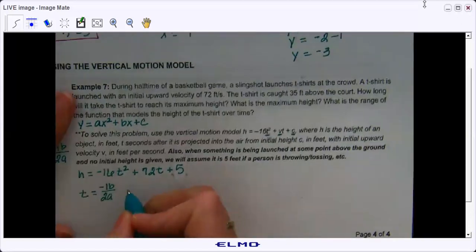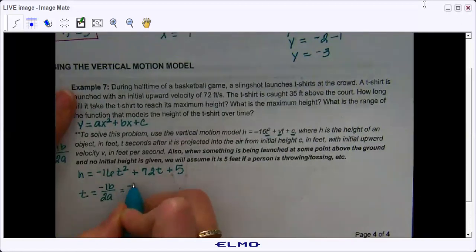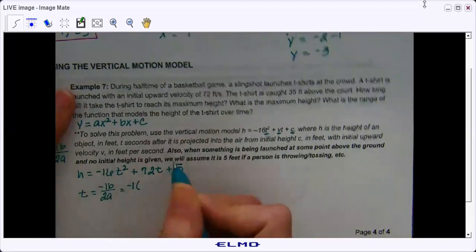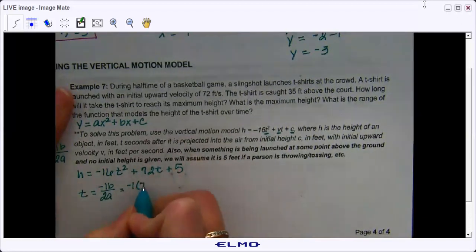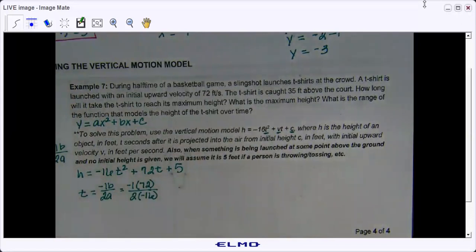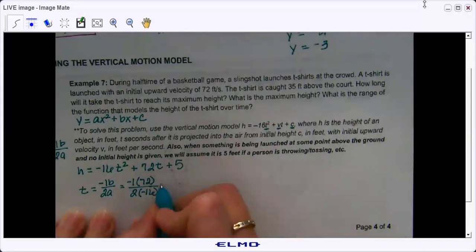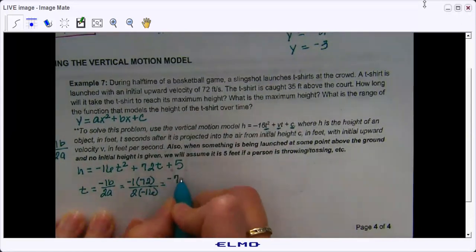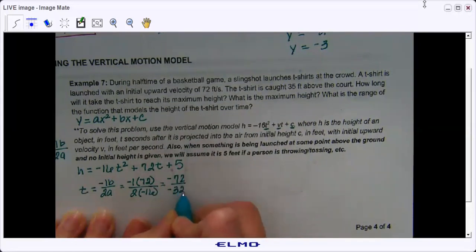Okay, so let's plug this stuff in. We have negative 1 times, what is b? Over 2, what is a? Negative 16. Now remember, you guys can use calculators in this chapter. All right, so we have negative 72 over negative 32.